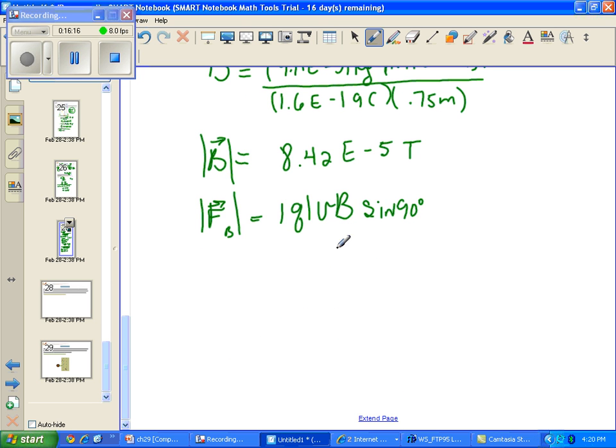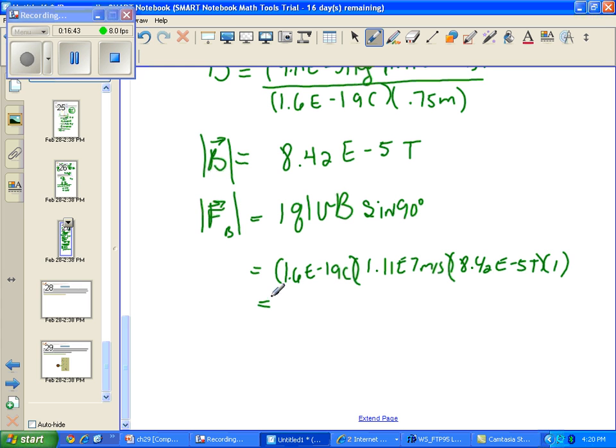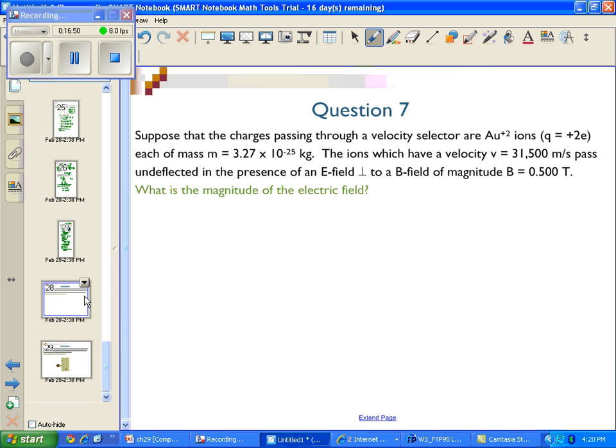Remember, we were told V is perpendicular to B. Plug in our numbers, and we get 1.6 e to the minus 19 times 1.11 e to the 7 times 8.42 e to the minus 5, and of course times 1, sine of 90, and get a value of 1.49 e to the minus 16 newtons.